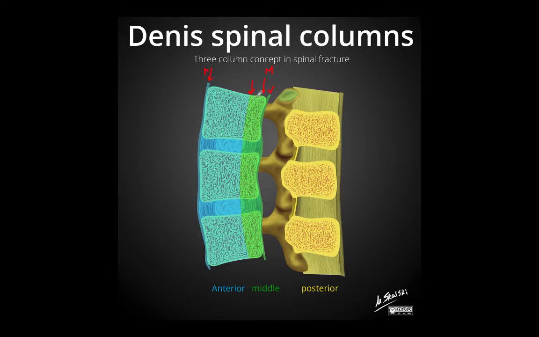And then from the posterior vertebral body to the PLL is the middle column. And then all the rest is considered posterior column, basically from the pedicles all the way back to the supraspinous ligament.